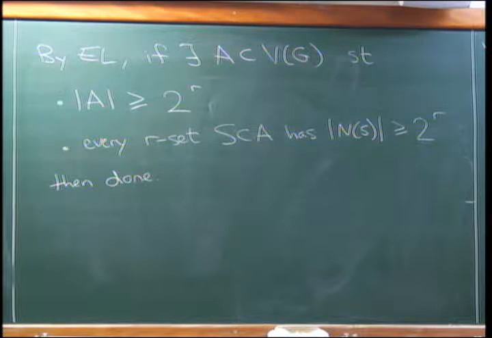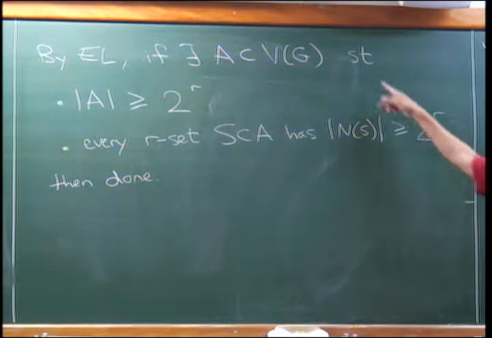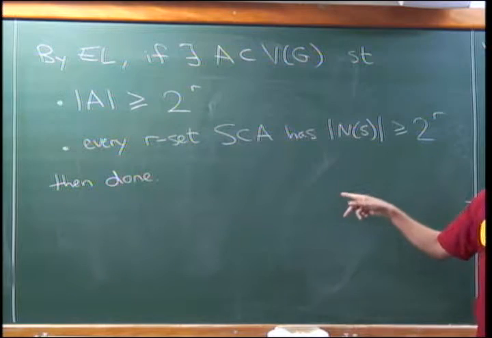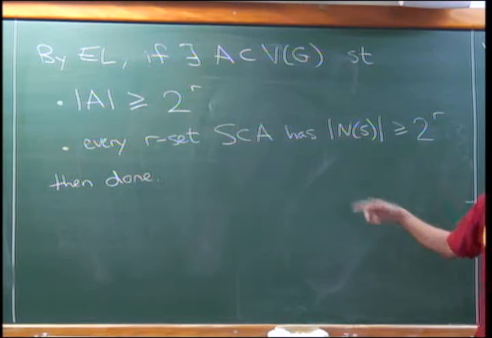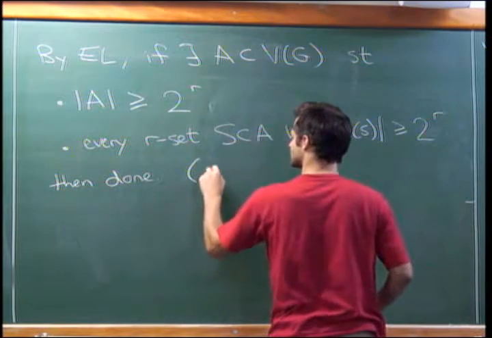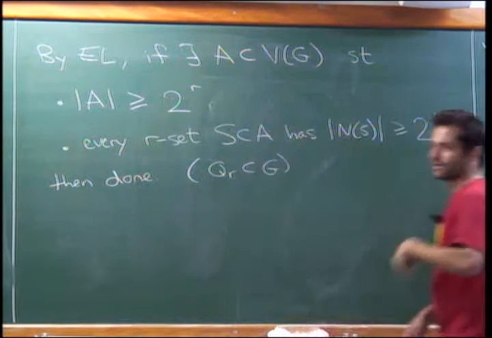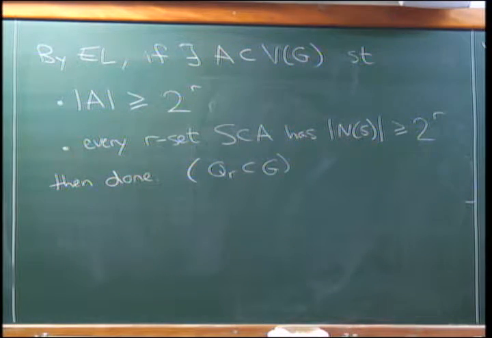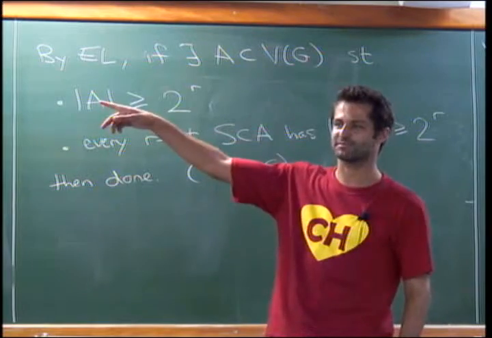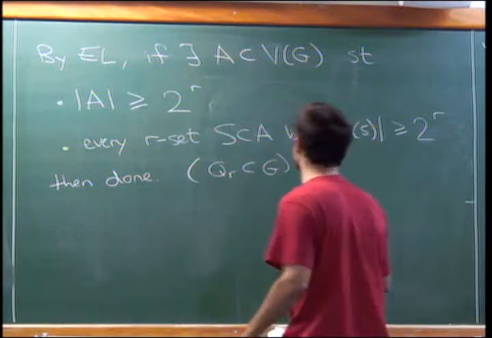The embedding lemma says that if we can find such a set A, then Q_R must be a subgraph of G. So, let's find such an A. Obviously, using the dependent random choice lemma.